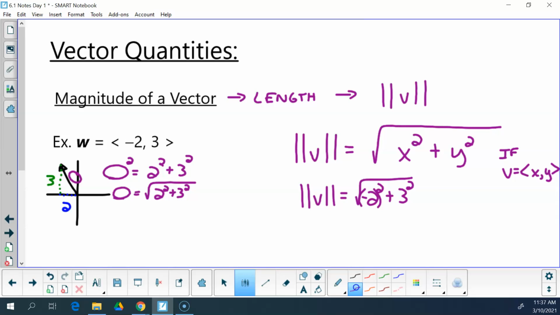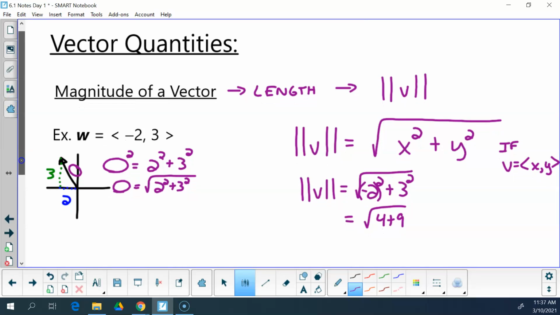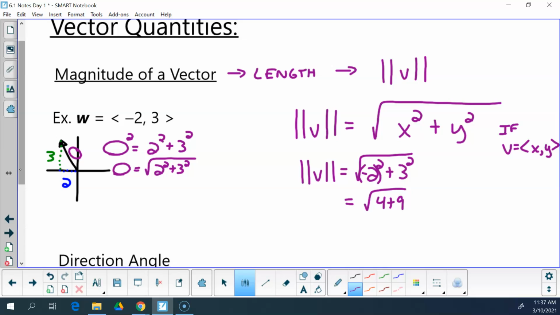Negative 2 squared is 4. 3 squared is 9. So that's going to be the magnitude of w is going to be the square root of 13. And that's how we find magnitudes.